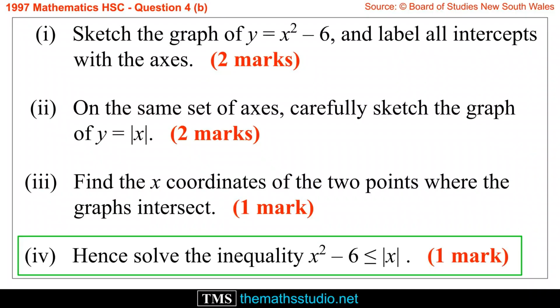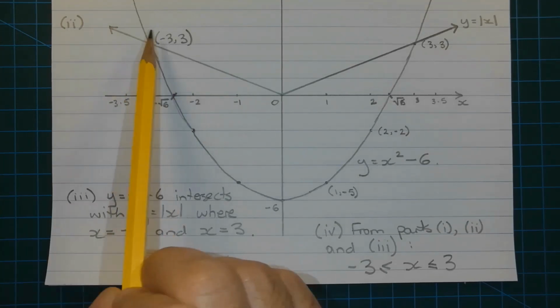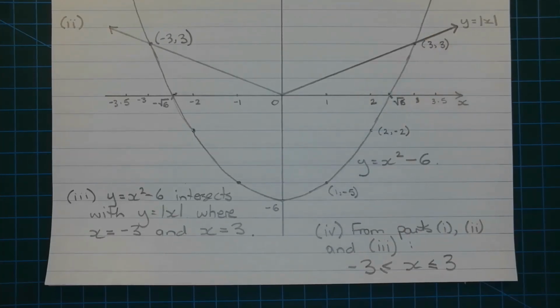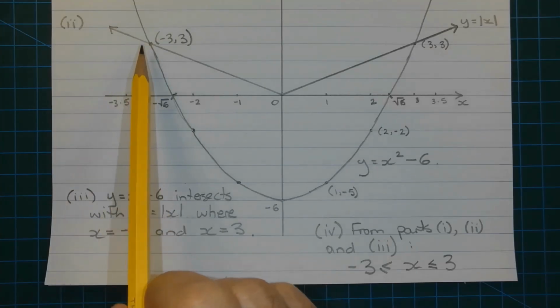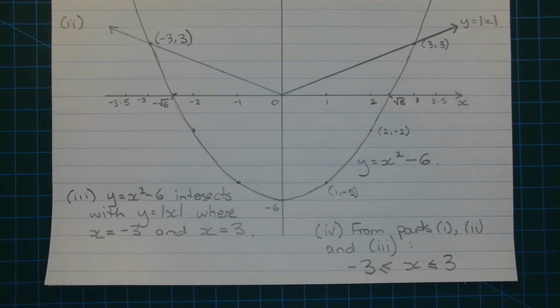Part 4. Hence solve the inequality x squared minus 6 less than or equal to the absolute value of x. From the graphs drawn in parts 1 and 2, and taking into account the x-coordinates of the points of intersection of both graphs that we stated in part 3, that is at x equals negative 3 and at x equals 3, the inequality x squared minus 6 less than or equal to the absolute value of x refers to the part of the graph where the parabola x squared minus 6 is on or below the graph of y equals the absolute value of x.